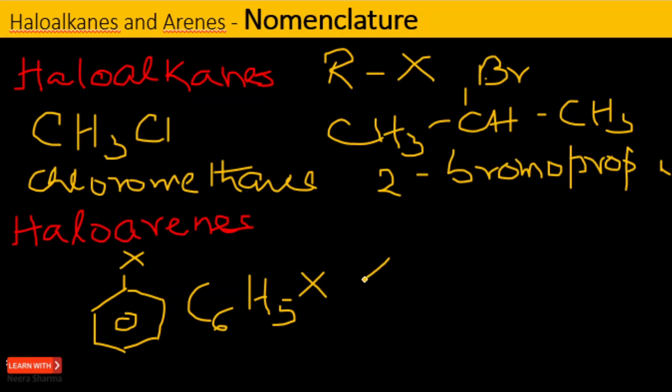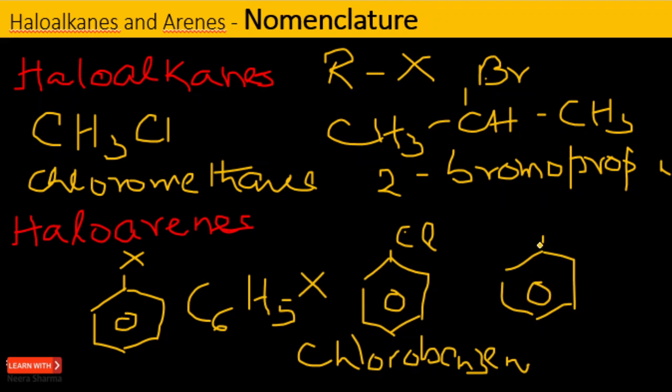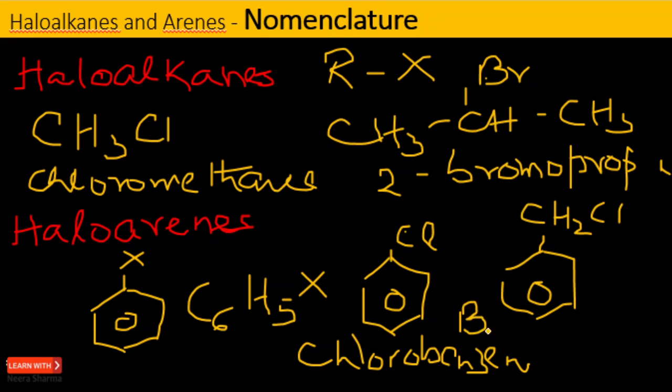If we have to write chlorobenzene, it is C6H5Cl. Now if we write C6H5CH2Cl, then C6H5CH2 is called the benzyl group. This is called benzyl chloride.